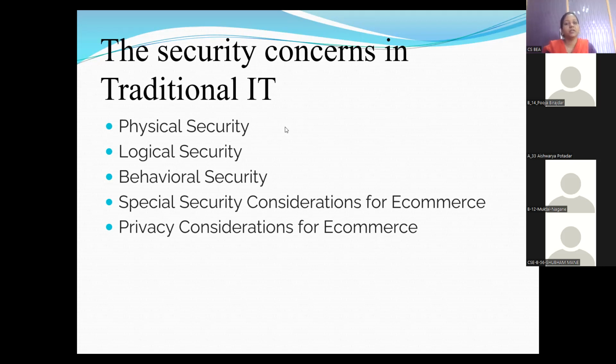Then behavioral security. So what does it mean? Some kind of new terminology comes into the picture. The behavioral expectations of an organization are explicit in its policy manuals, and even on signs posted in the workrooms and lunchrooms. The behavior that organization members internalize is critical to the success of the security efforts.